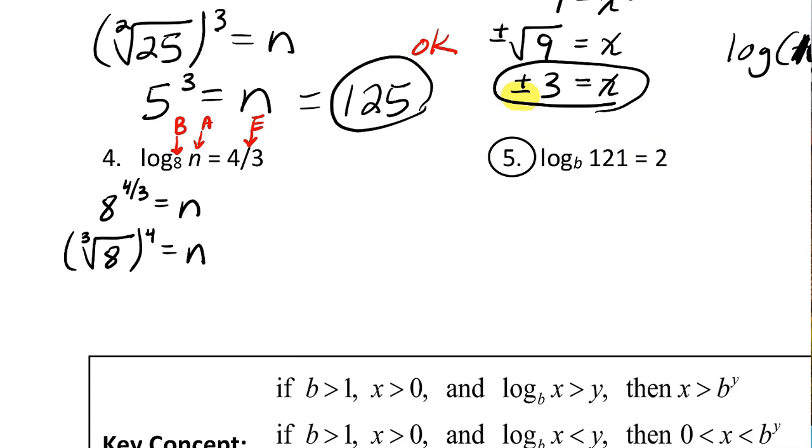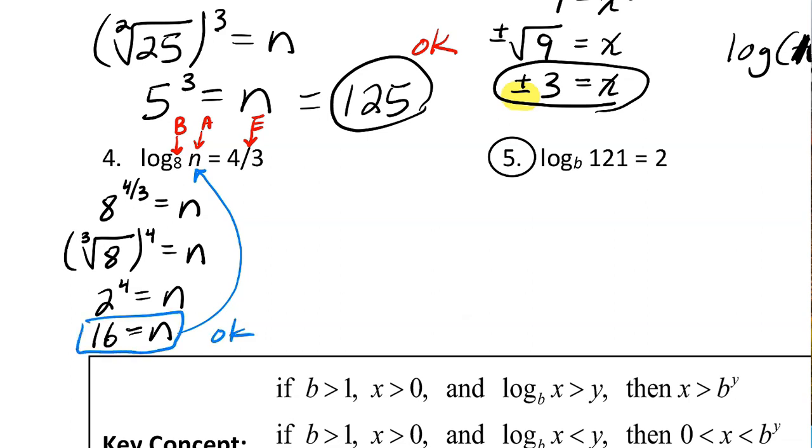The cube root of 8 is 2, so 2 to the 4th equals n. 2 to the 4th would be 16, so n is 16. Plugging 16 in for n here, that would be a log of a positive 16, so that's okay. We have n is 16 as our answer.